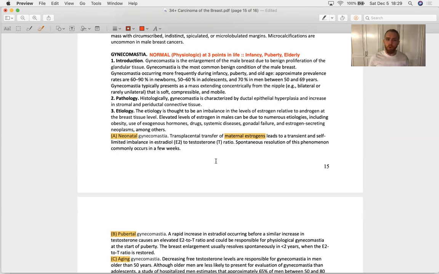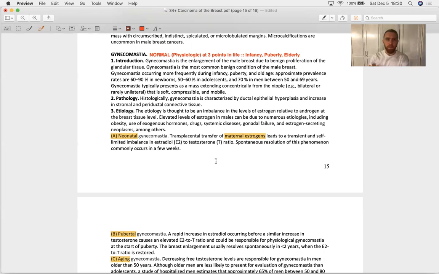Another example of normal gynecomastia in males is going to be during puberty when you're making a ton of sex hormones. And so how do you make sex hormones? Well, you've got to get desmolase involved to make pregnenolone out of cholesterol. And then you take that and you modify it, and that pregnenolone can go down to aldosterone, remember, or you can run it through the 17-hydroxylase and then run it down and get some cortisol.